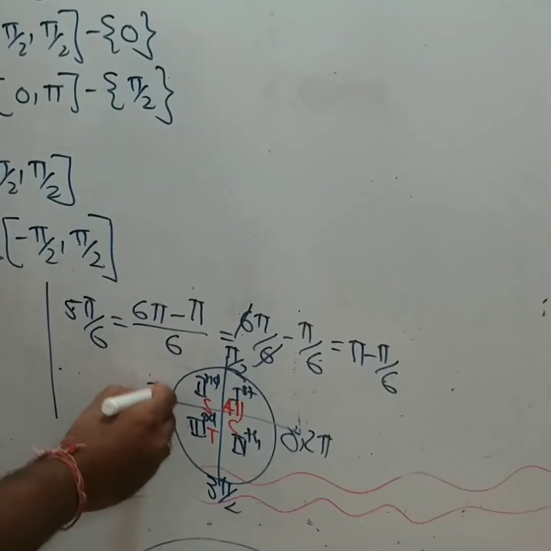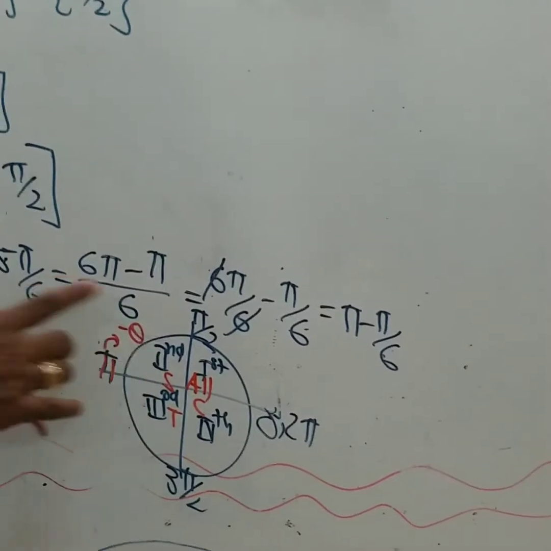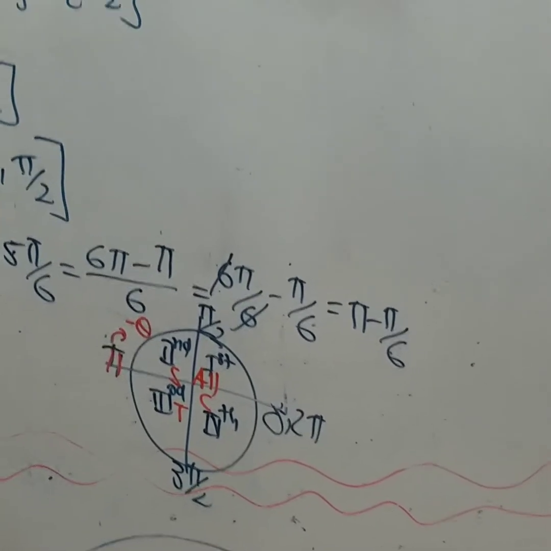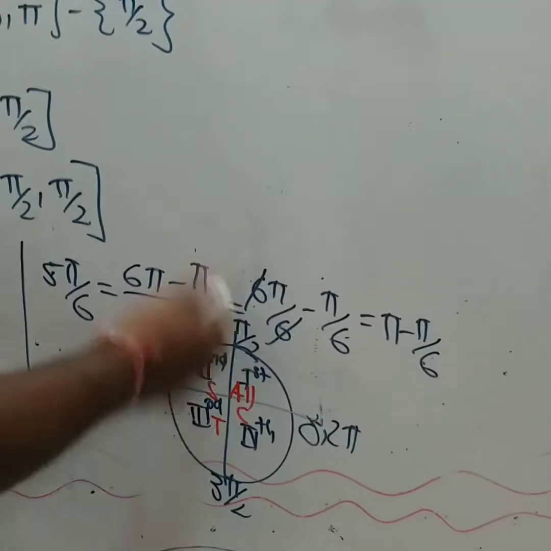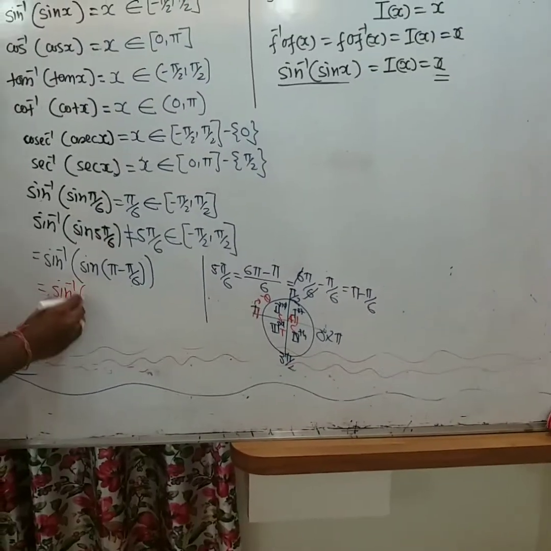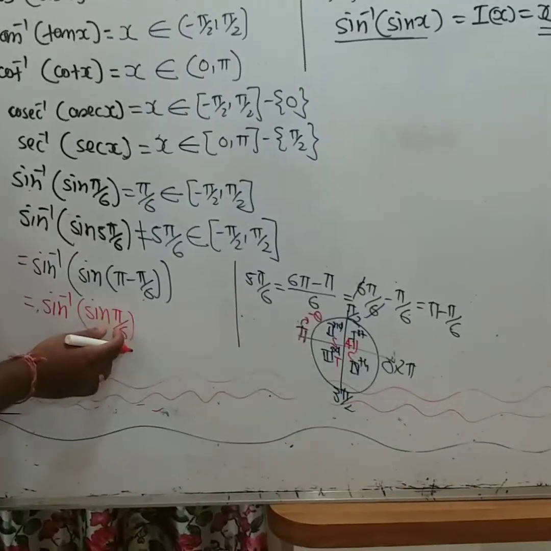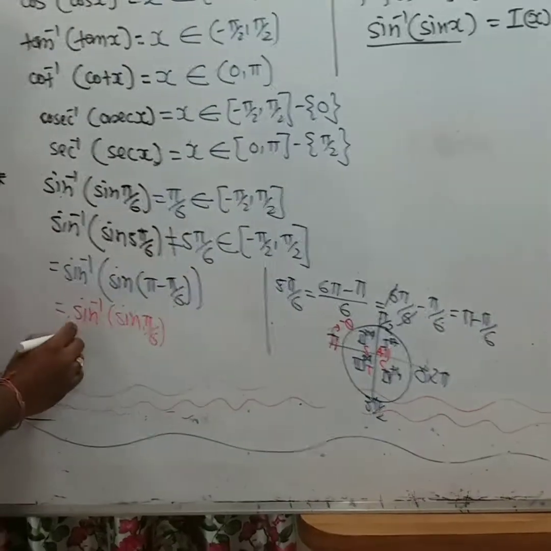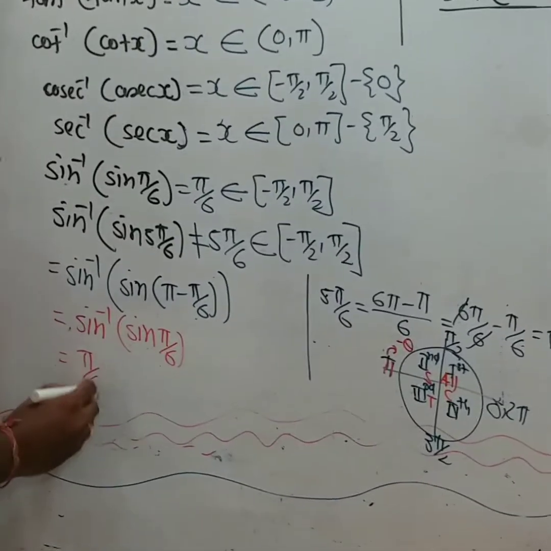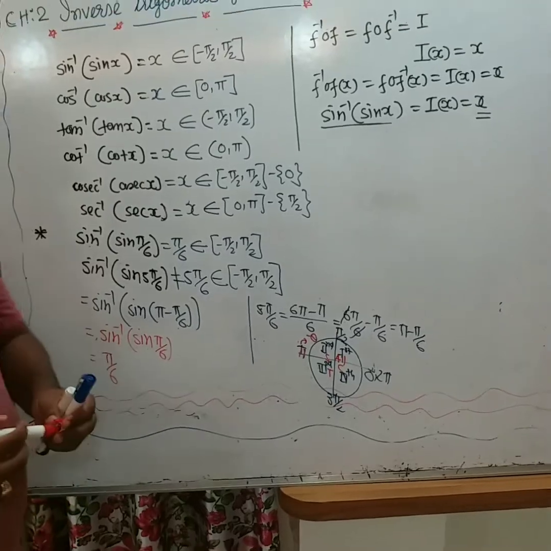Now this is pi, and pi minus theta lies in the second quadrant. In the second quadrant, sine is positive. So sine inverse of sine pi by 6, and it is clear that pi by 6 lies in this interval, so the answer will be pi by 6. Thus we can find out the value of sine inverse of sine 5 pi by 6.